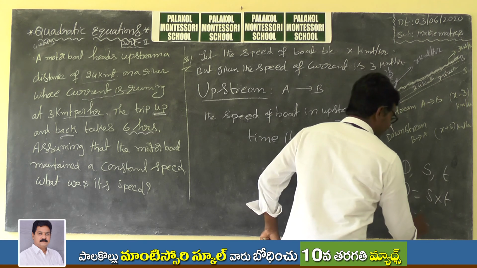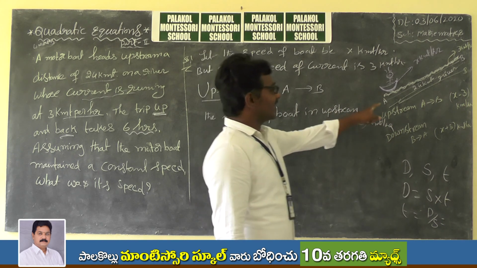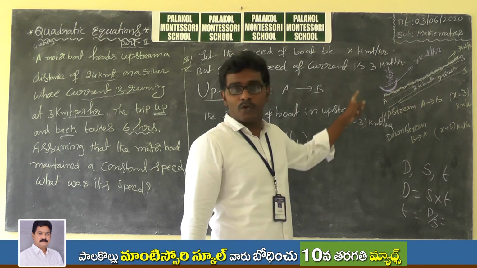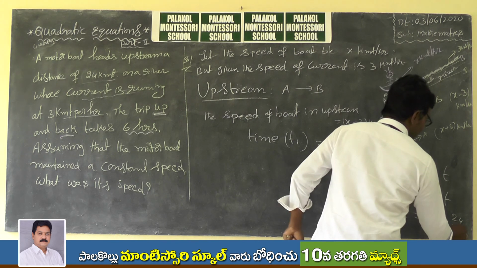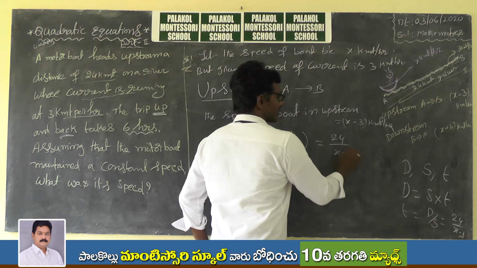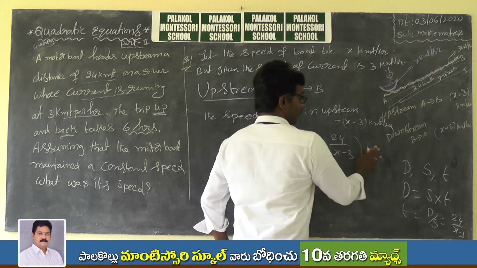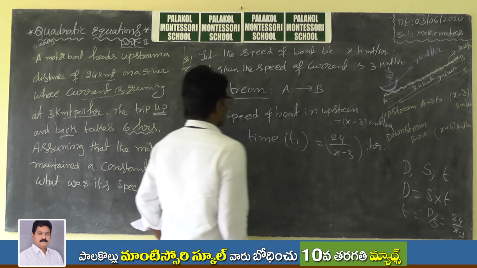So that's why you write T is equal to D by S. Already given the distance of this river A to B is 24, by speed x minus 3. That's why we write 24 by x minus 3. Speed is kilometers per hour, time is in hours.